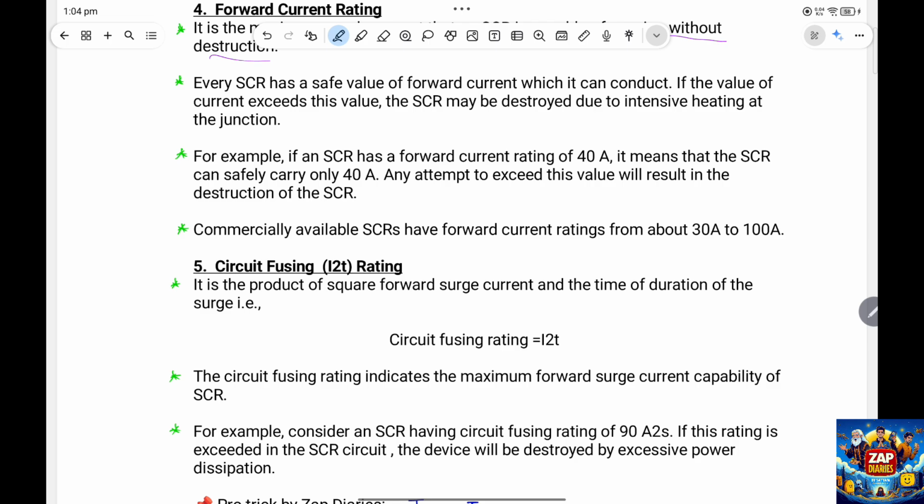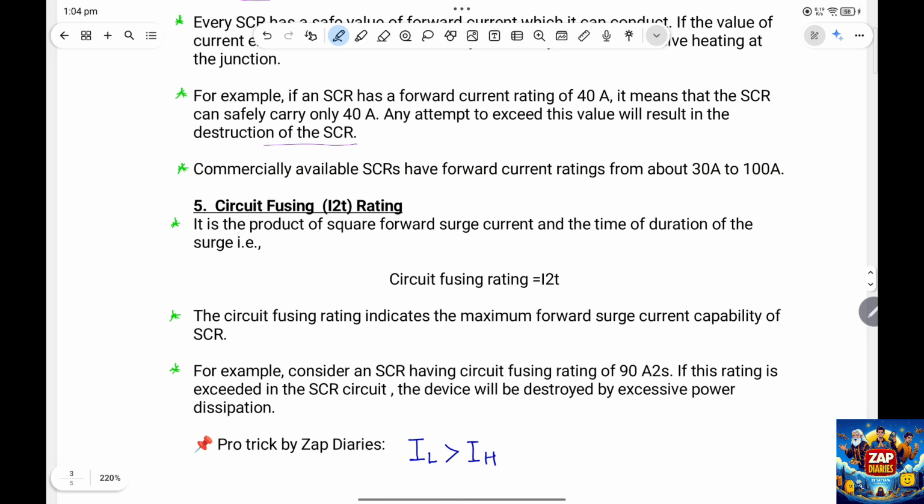Any attempt to exceed the 40 amps threshold can result in destruction of the SCR. Commercially available SCRs have a forward current rating from about 30 amps to 100 amps.